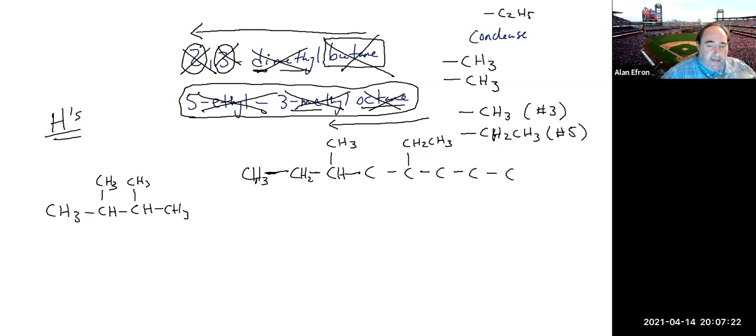The guy next to that has 2 lines coming in, which means he needs 2. The guy next to him has 3 lines coming in, which means he also only needs 1. The guy next to him has 2 lines coming in, gives him 2 hydrogens. Guy next to him has 2 lines coming in, gives him 2 hydrogens. Guy at the end has only 1 line coming in, which means he needs 3 hydrogens.